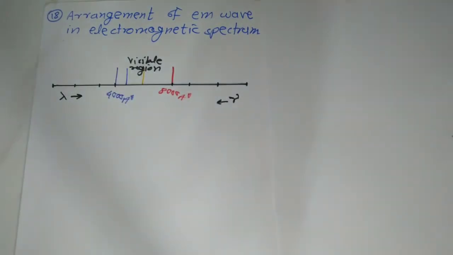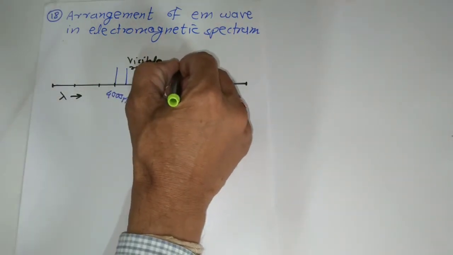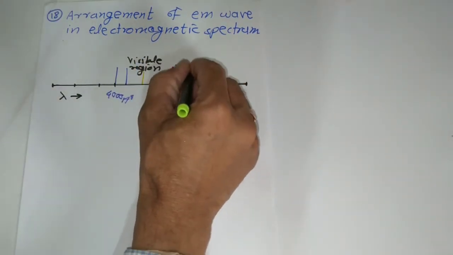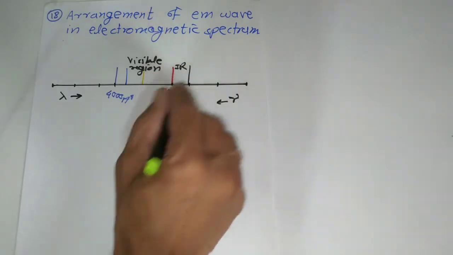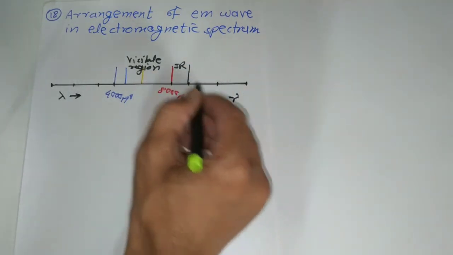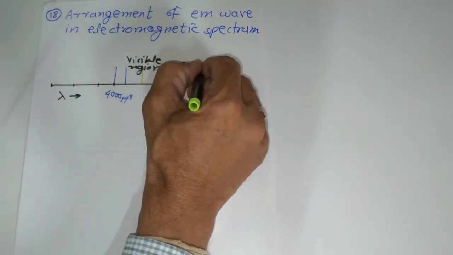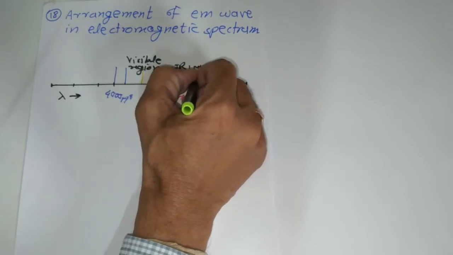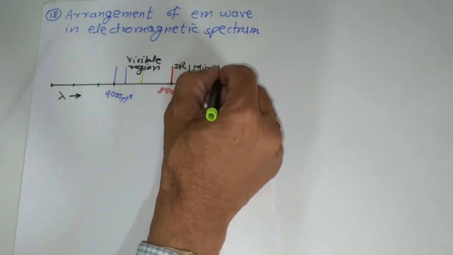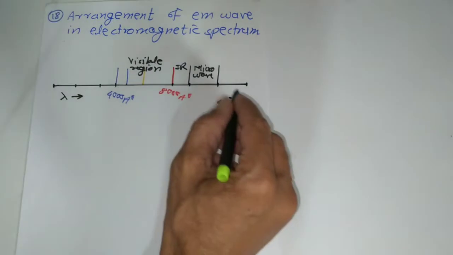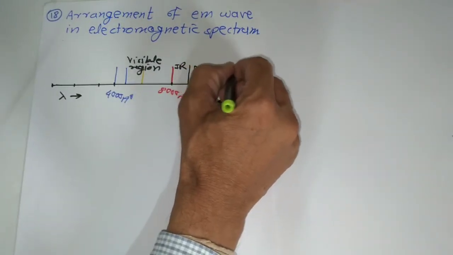Beyond the visible region, the next portion of the electromagnetic spectrum is infrared, so called the IR region. Then, with increasing wavelength, there is microwave. The next portion with increasing wavelength is the radio waves.